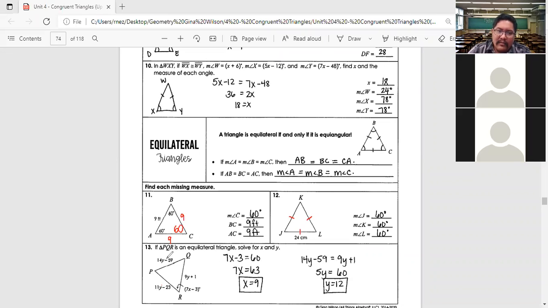And I could check it by plugging it into each of these, and I should get all 3 of these to be the same measure. I'm sorry, not degrees in this case. We're not talking about angles. It doesn't tell us if it's in inches or meters or millimeters or anything like that. So we don't know what this unit is.